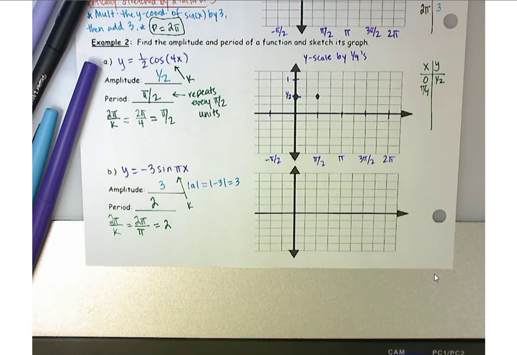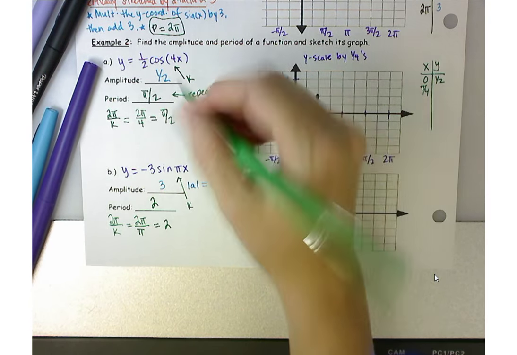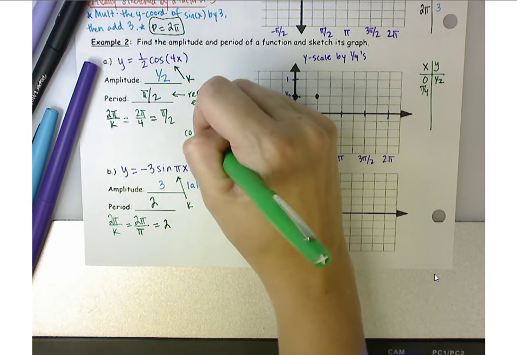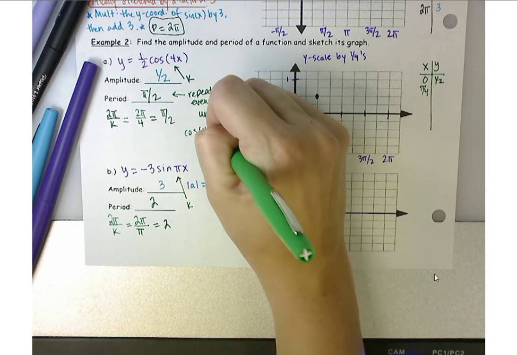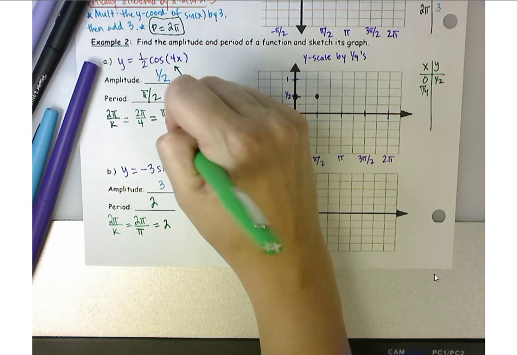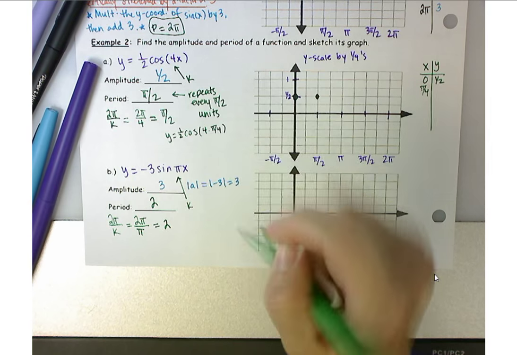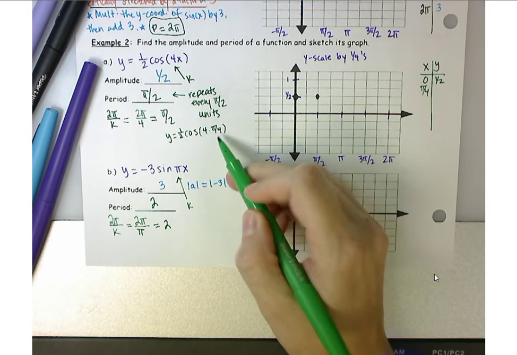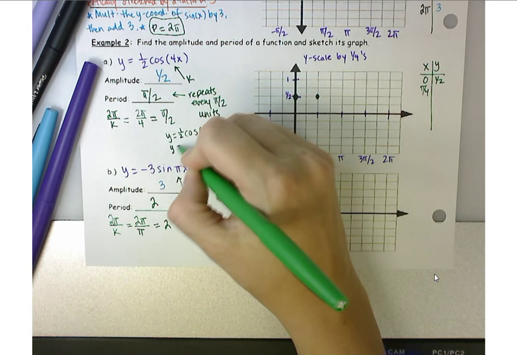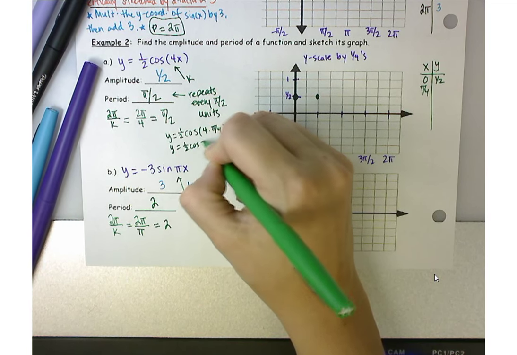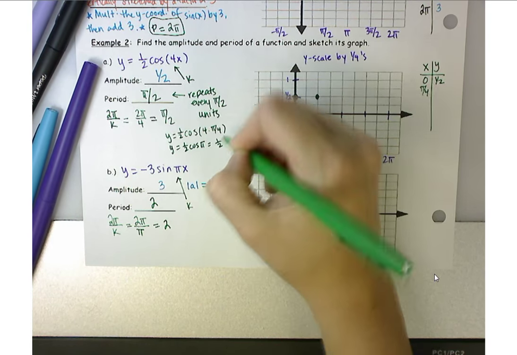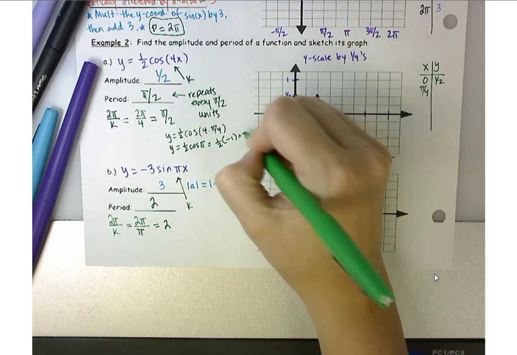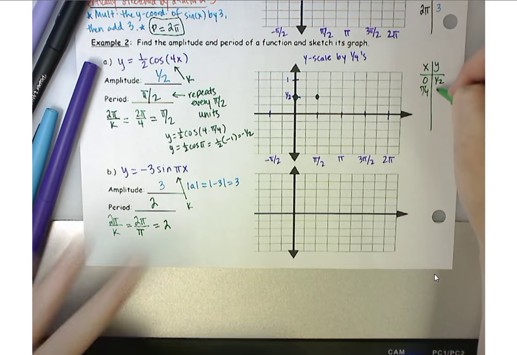If you weren't sure what the point was, you could always plug in pi over 4. We have the cosine of 4 times pi over 4, times 1/2. What's 4 times pi over 4? Pi. What's the cosine at pi? -1. So 1/2 times -1 is -1/2.